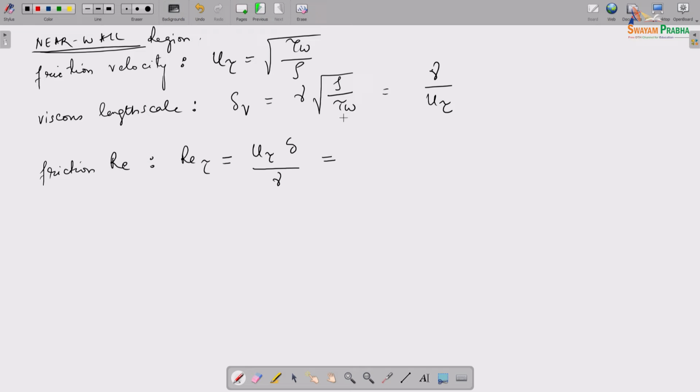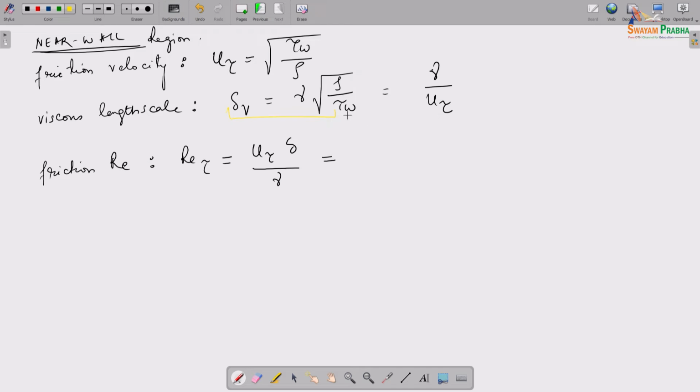This thing is equal to, as you can see, 1 by nu. So, I can use this from here.